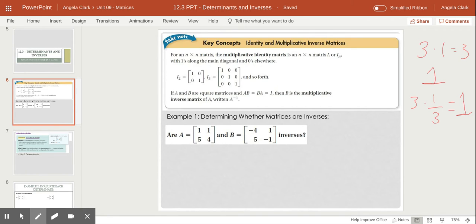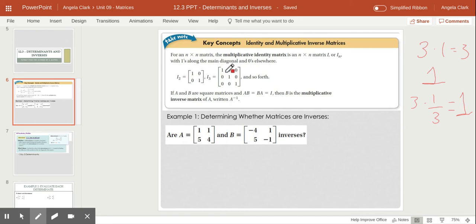Matrices also have multiplicative identities, and they look like this. A 2 by 2 matrix, this would be the multiplicative identity. This would be the multiplicative identity for a 3 by 3 matrix. Basically, the diagonal is 1s and everything else is 0s.